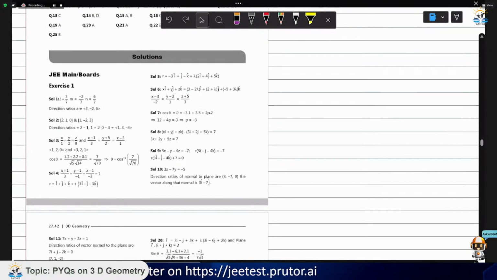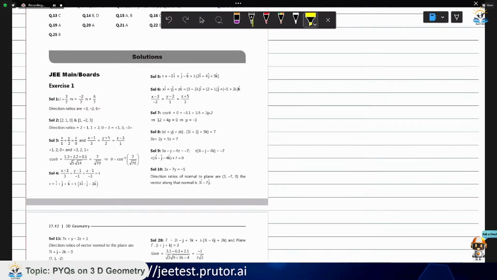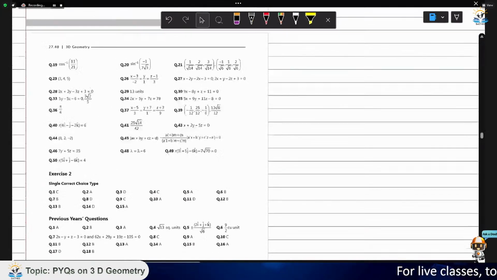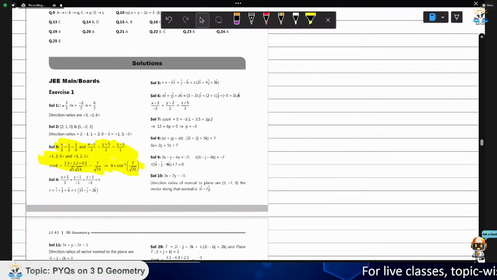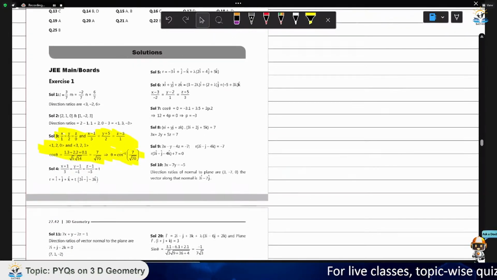So the formula is this. First you take the direction ratios and then work out the theta part. I hope you get it. Very important to remember. Now, what do we have in the next question? Question number 4.